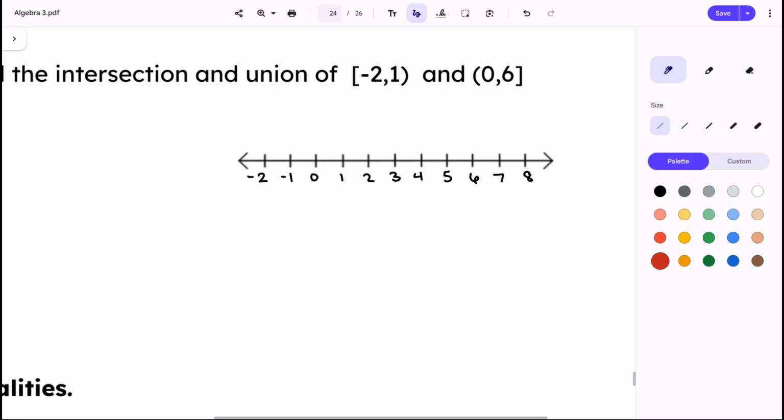Okay, so I've got my number line created here. I'm going to start plotting those sets of numbers. All right, what did you guys say for the intersection?